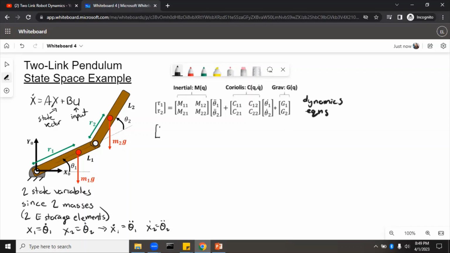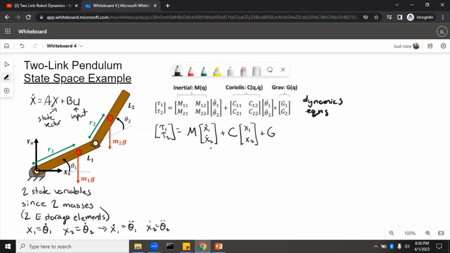So here we'll have tau 1, tau 2 equals, we'll just call this M, times theta 1 double dot, which is x1 dot, theta 2 double dot, which is x2 dot, plus, we'll say C, and then multiply by theta 1 dot, which is x1, and theta 2 dot, which is x2, and then we'll add G. Okay, so you can see here that now this is in a first order form. We just made our state variables the first derivatives, and so then the derivative of the state variable is the second derivative, but it's all hidden.